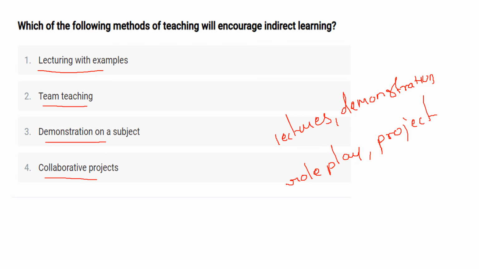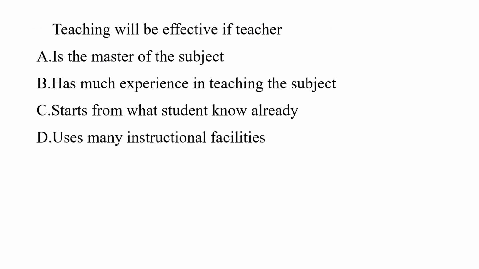Okay. So indirect methods are basically learner-centered methods where the students are actively involved in the teaching learning process. So here the correct answer for this question will be option number 4, that is collaborative project.